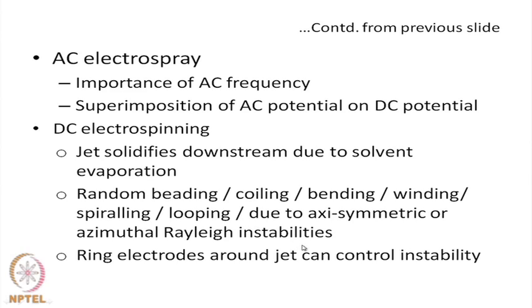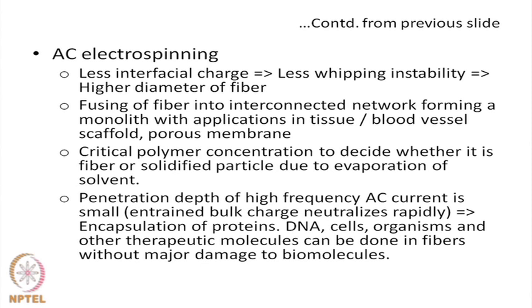ring electrodes. However, the next slide that I have here is AC electrospinning, and in the case of AC electrospinning, you have some major advantage in this regard. Number one, there would be less interfacial charge.